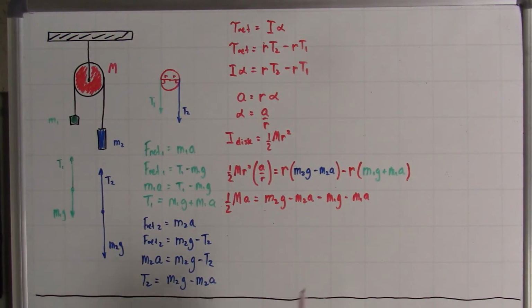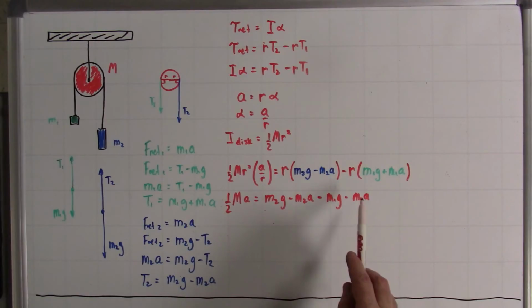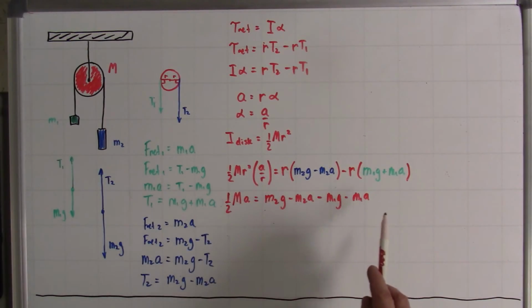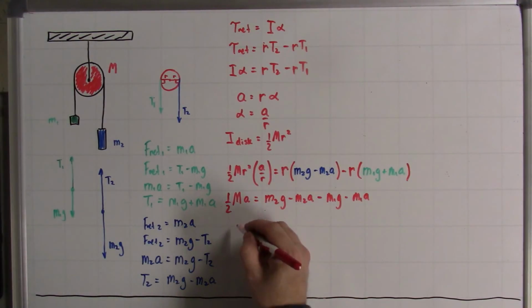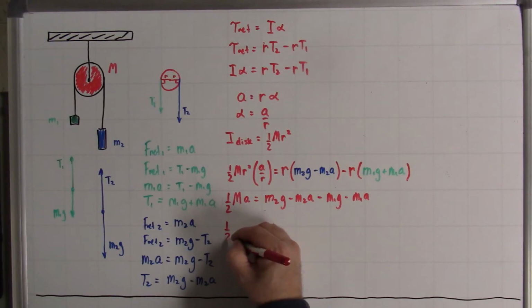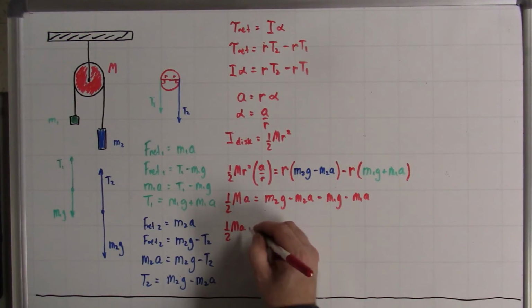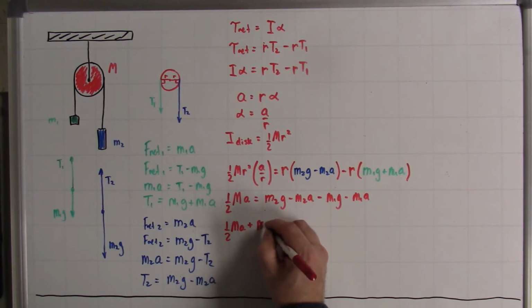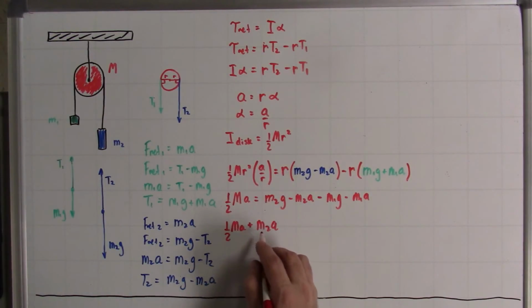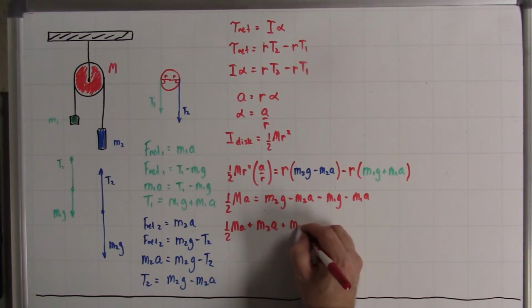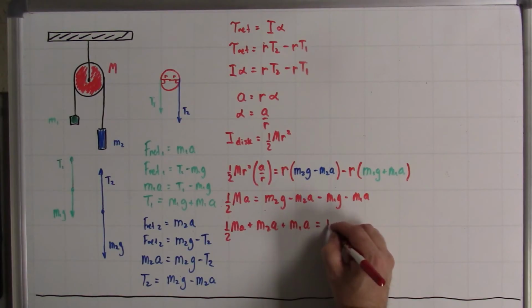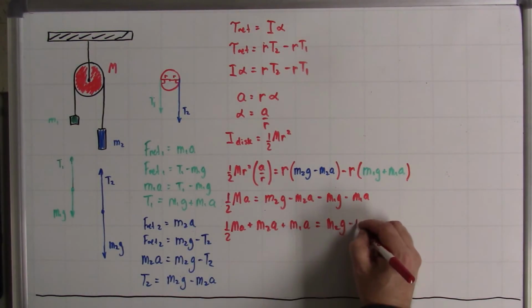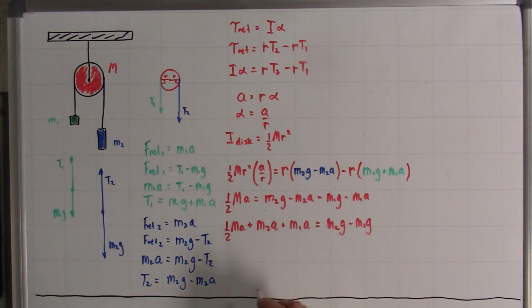So what I have now is three terms, 1, 2, 3 terms with A in them, and I'm going to get them all on one side and then solve for A, and we'll see if we can develop an expression for that. So I have 1/2 big M A plus M2A plus M1A is equal to M2G minus M1G.